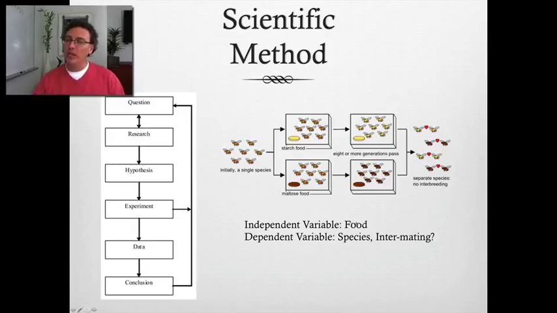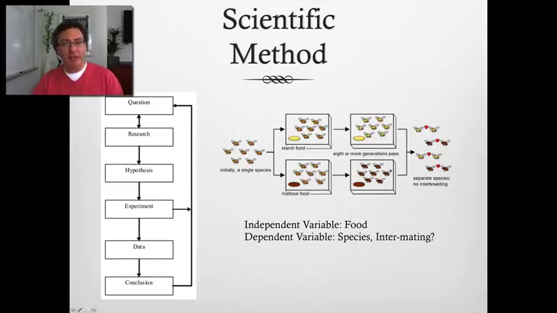We now want to see, okay, what effects did that manipulation have? Well, on what? What are we going to measure to look for effects? Well, we want to measure speciation, and there are two things related to speciation. One is species-specific markings. So we want to look at the physical characteristics, for example, the yellowy color versus the darker color.